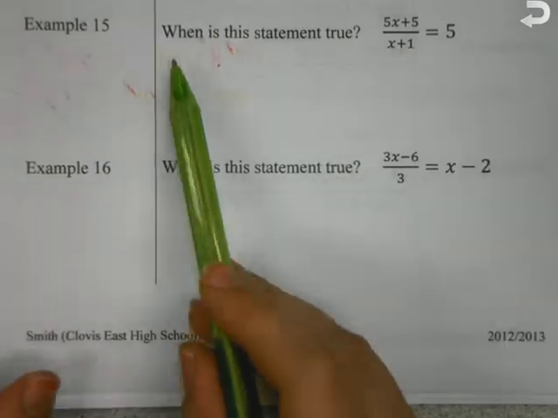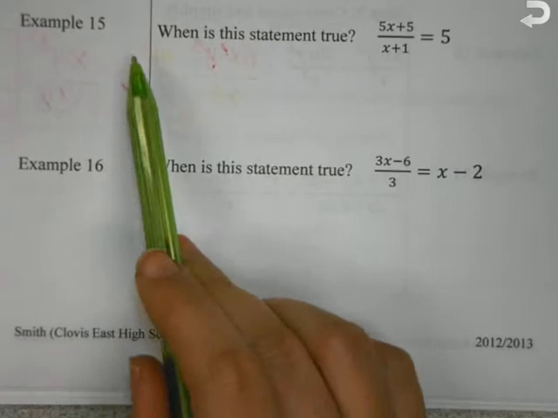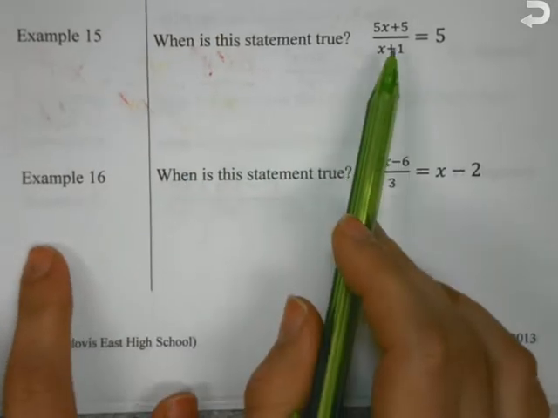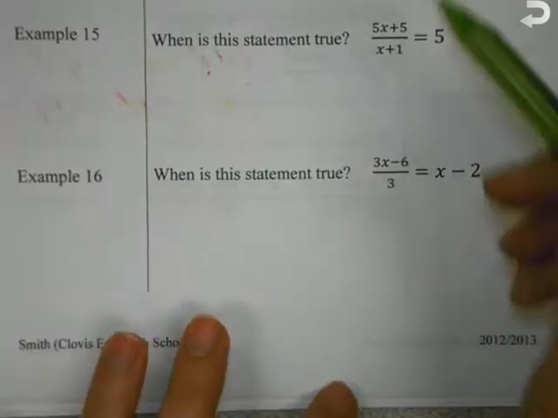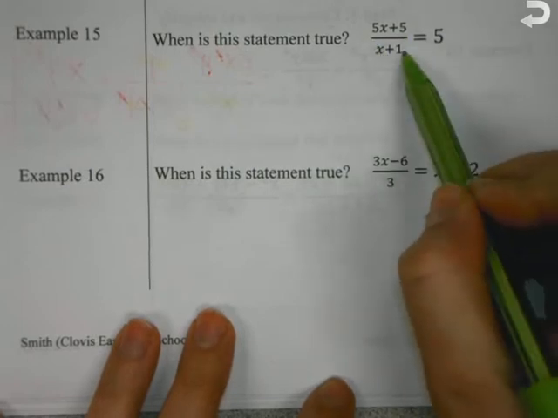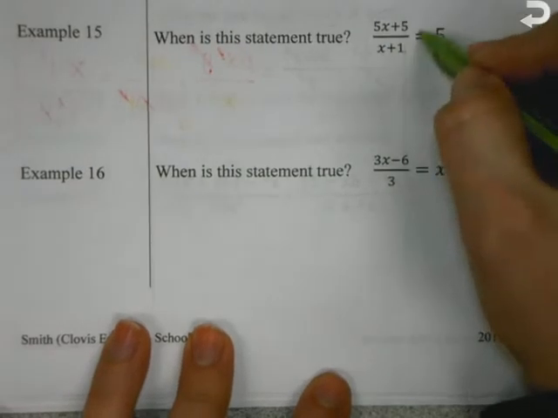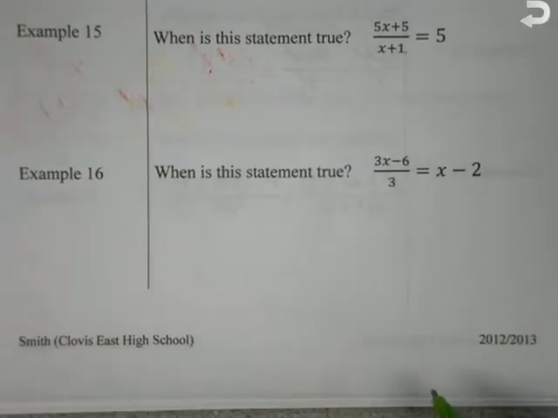So look at the left-hand side, guys. Can I simplify that at all? I can. Look at the numerator. Does that factor? Yeah, factor out a GCF. So that's going to give me 5 times x plus 1 all over x plus 1. And we want it to come out to 5.